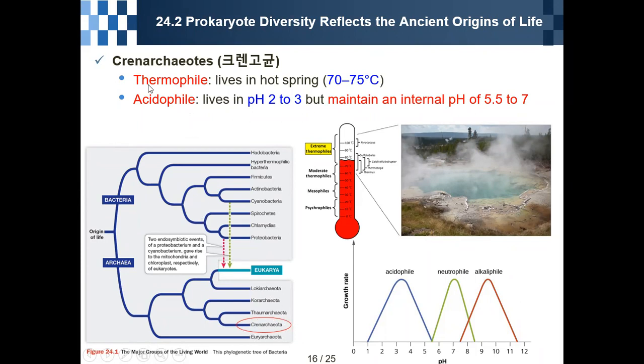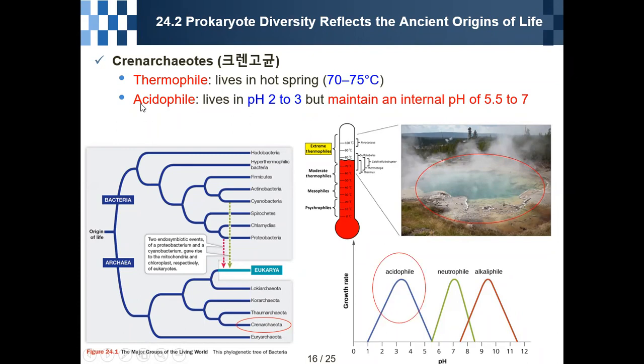They are thermophiles. In hot springs, where the temperature is nearly 70 to 75 centigrade, some organisms survive. That is the Crenarchaeota, which belong to the Archaea.